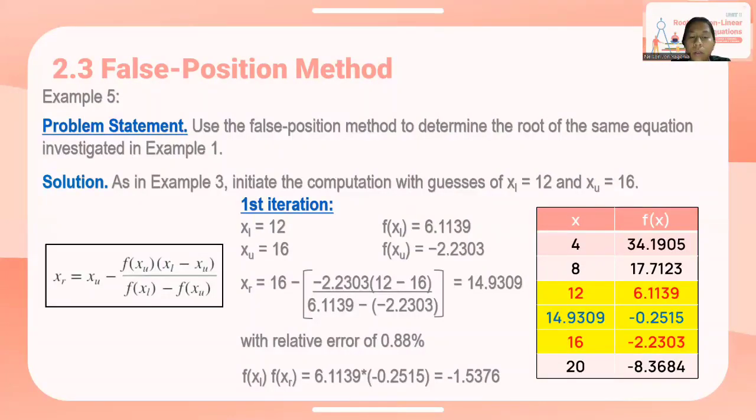So xr is equal to 14.9309 with a relative error of 0.88%.